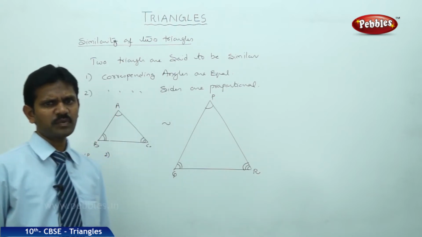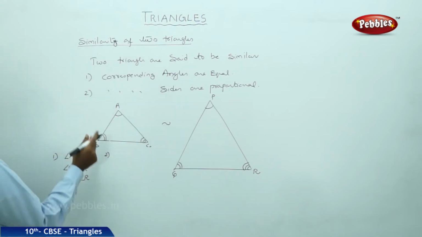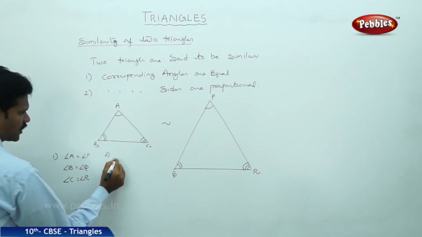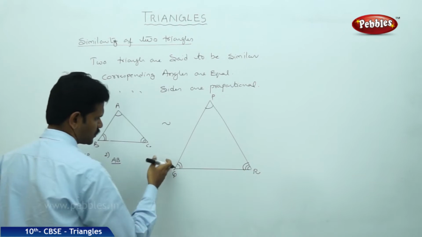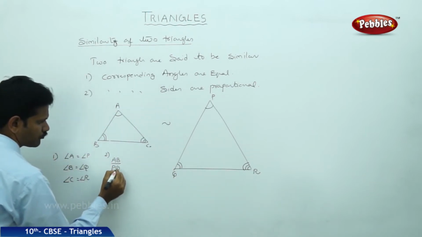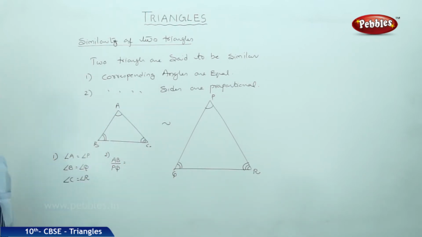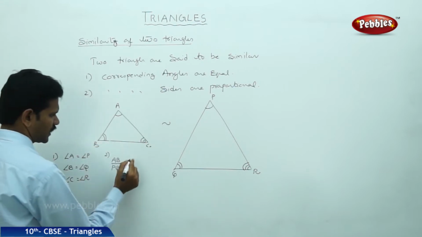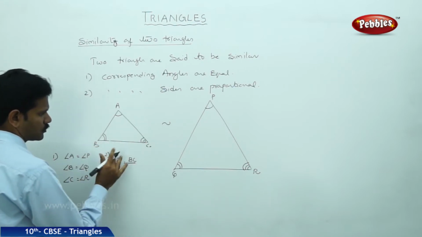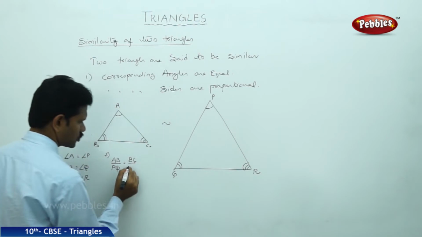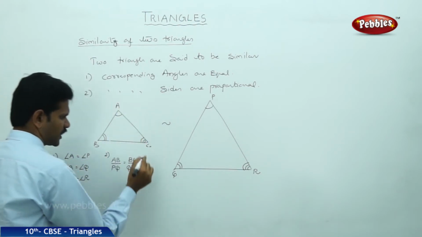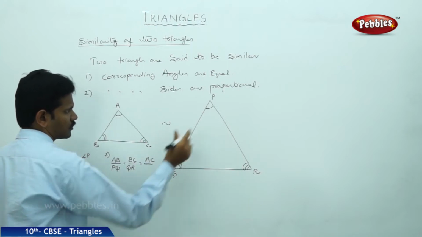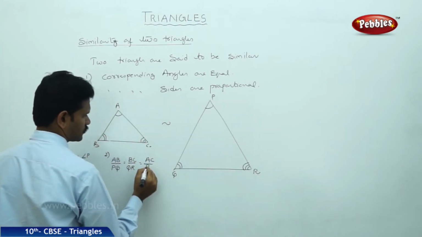What is meant by corresponding sides? Corresponding side of AB is PQ, so AB by PQ is equal to BC by QR equal to AC by PR.